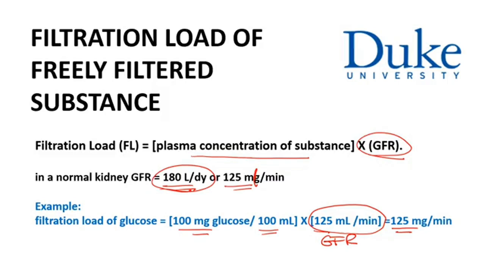The interesting thing about glucose is that although we would filter 125 milligrams per minute, glucose is normally completely reabsorbed within the proximal convoluted tubule, and you'll have 0 glucose being excreted from the kidney.